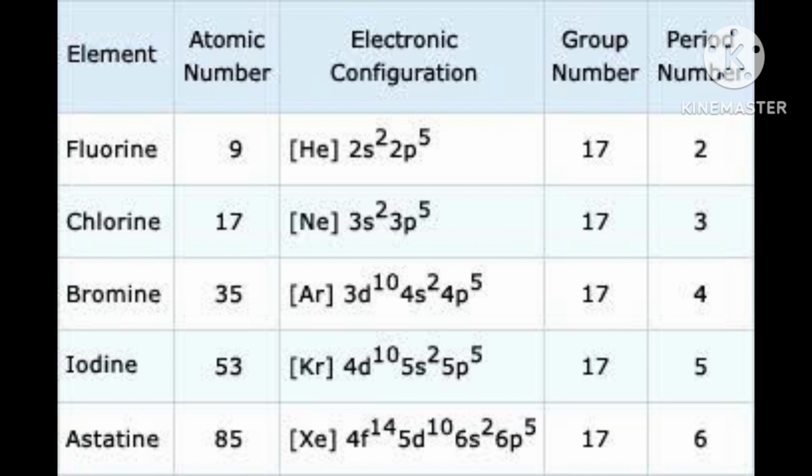Then fourth is chlorine, fifth is bromine, sixth is iodine, and seventh is astatine. After nitrogen come chlorine, then bromine, then iodine, then astatine.